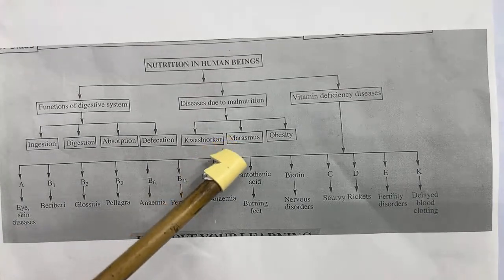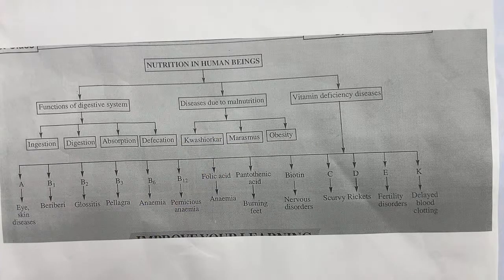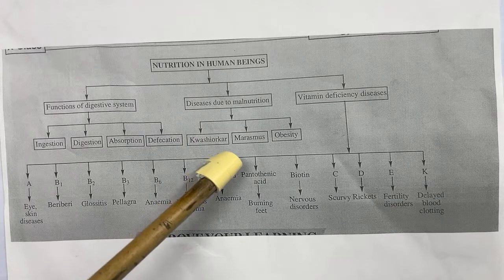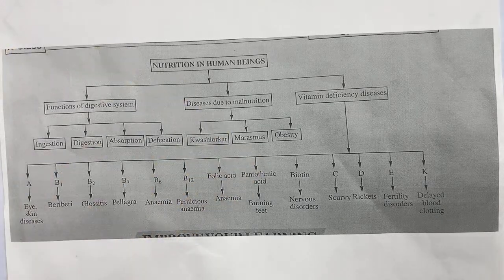To avoid this, newly wedded parents have to wait a minimum of 3 years for the second child's birth. Otherwise, they have to face marasmus, the disease of deficiency of proteins and calories.